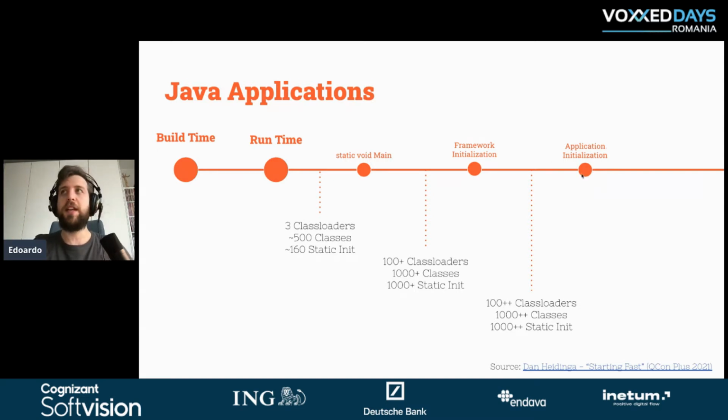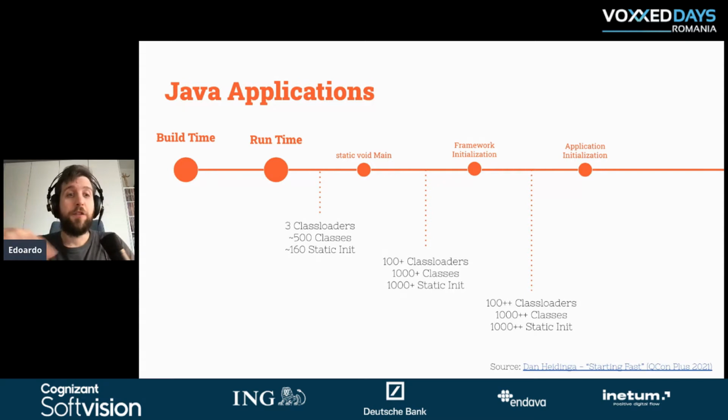But in order to get to that, you have to go through all of these phases that initialize the code that is necessary to actually run your application. And even before you get to the static void main, you already have involved 3 class loaders, 500 classes loaded, and about 160 static initializations. We will know more about what those are in a little bit.